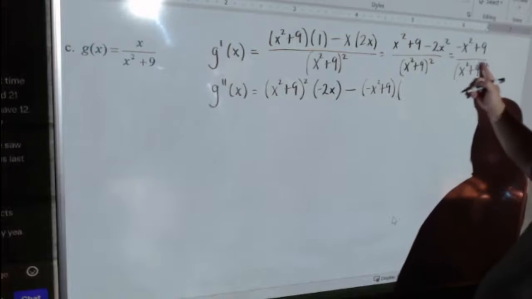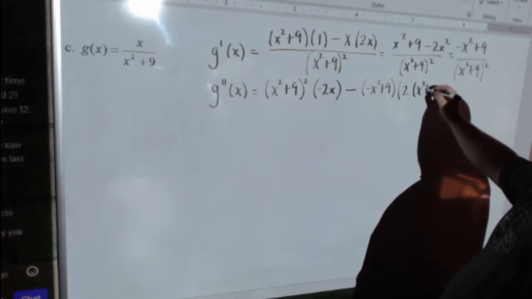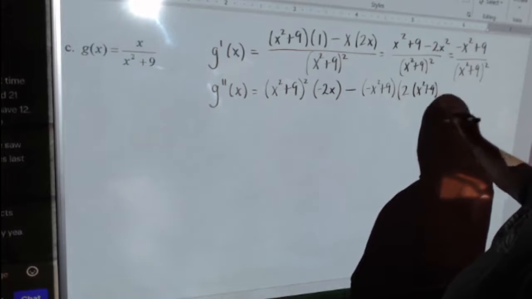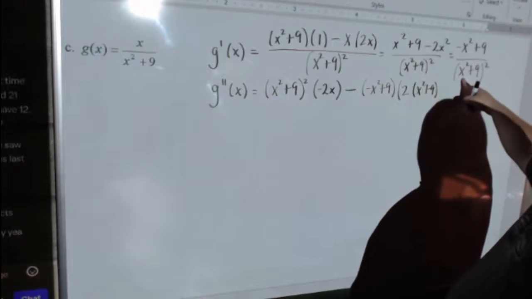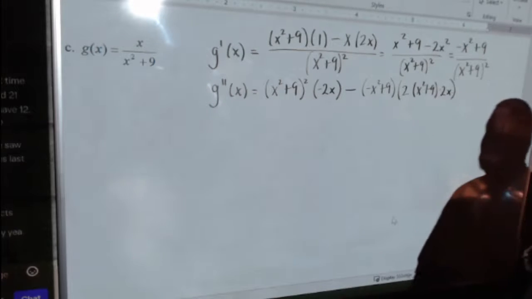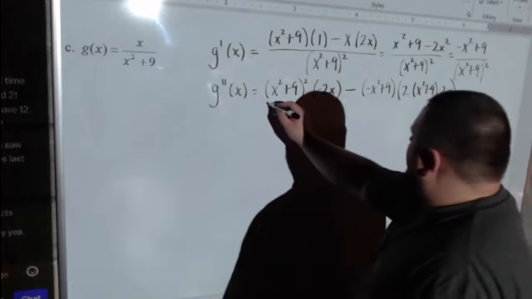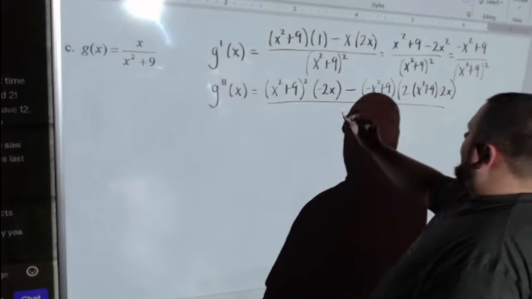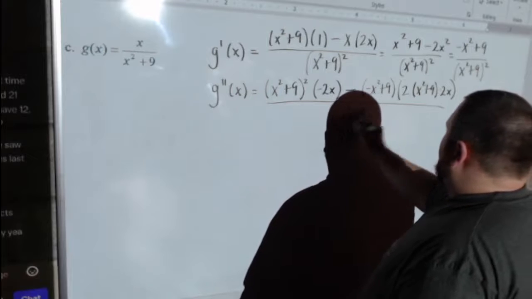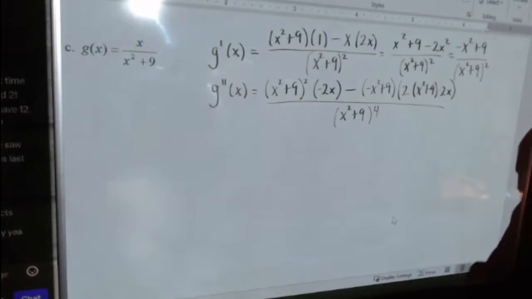So I'm going to bring this 2 down in front, and then the derivative of the inside of this function is 2x. And then all divided by x squared plus 9 to the 4th. Everybody with me?